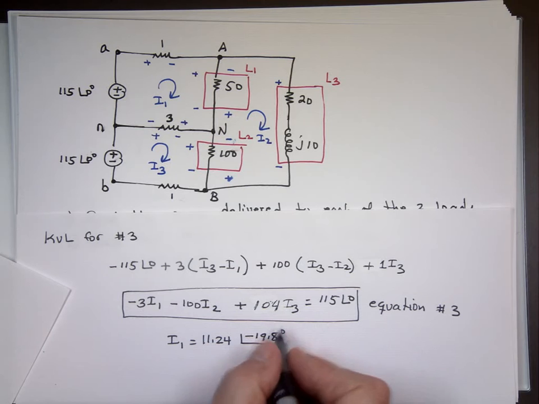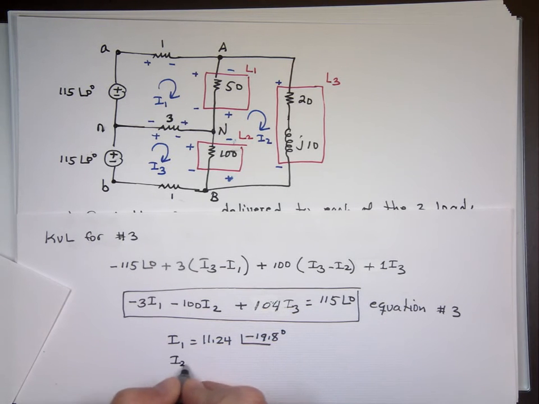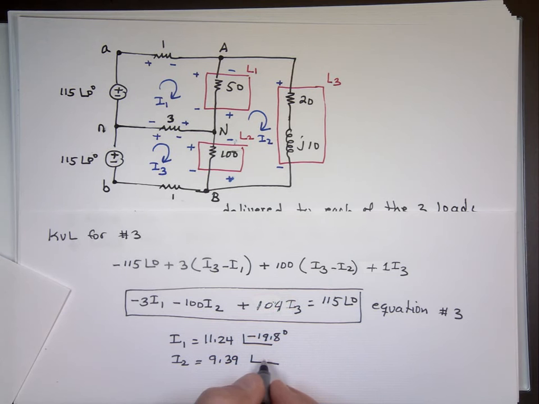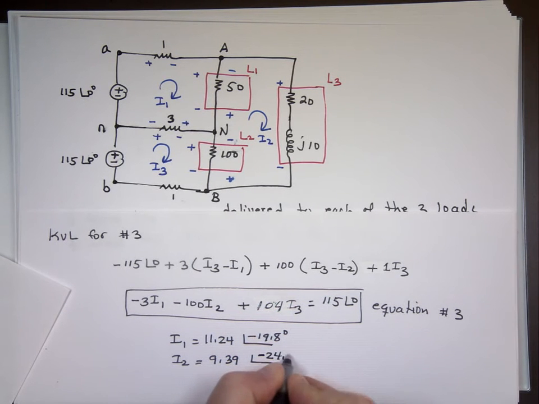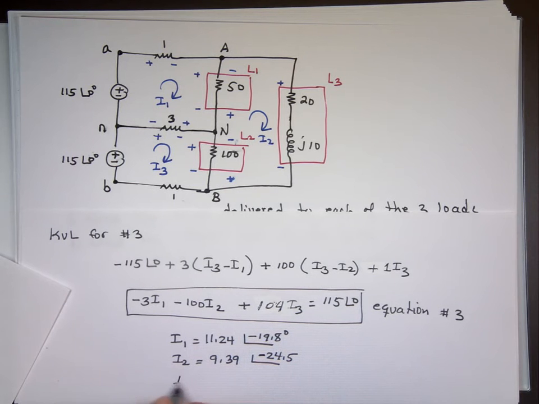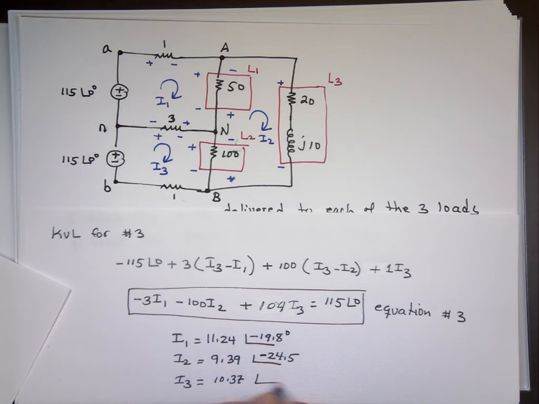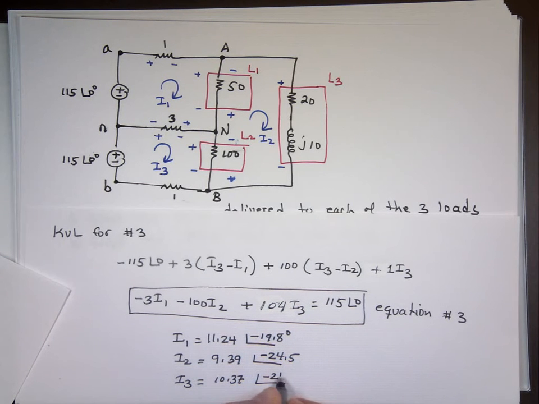I sub 2 equals 9.39 angle negative 24.5. And I sub 3 is equal to what? 10.37 angle negative 21.8.